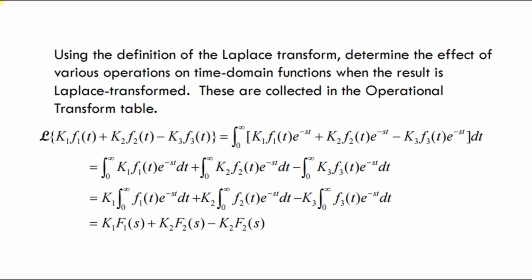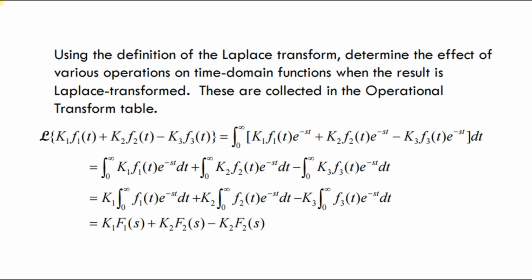The formula is the integral from 0 to infinity of k1 into f1 of t into e power minus st plus k2 into f2 of t into e power minus st minus k3 into f3 of t into e power minus st, multiplied by dt. Here this dt is multiplied into every function.